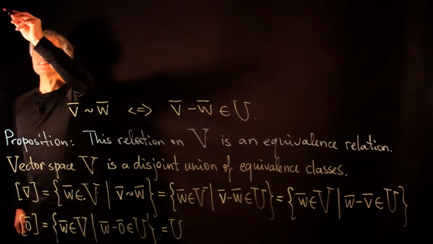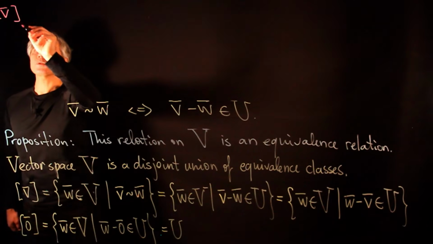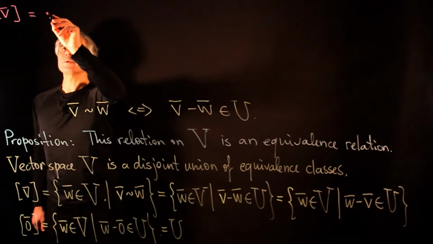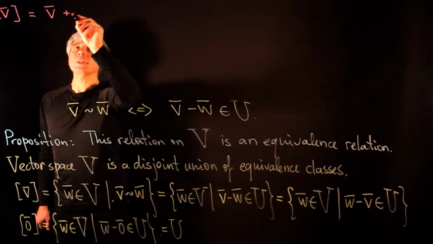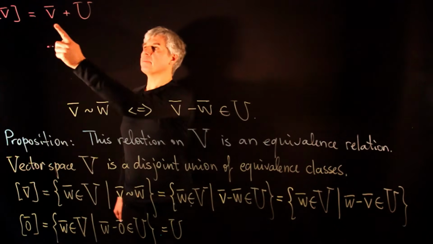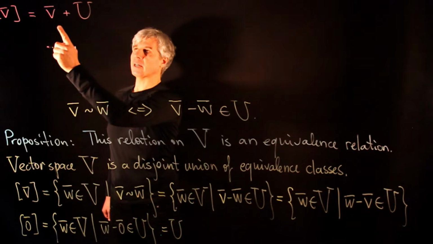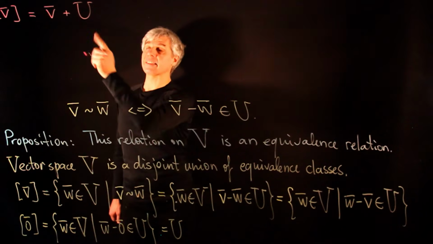Another way of writing these equivalence classes is the following. We can say that the equivalence class of v is equal to the sum of v plus the subspace U. Now, what do we mean by this notation? Here we take one vector and add to it a set.